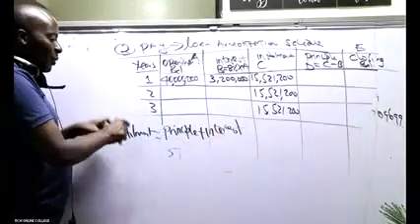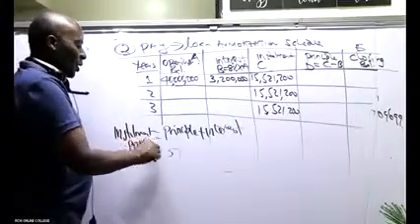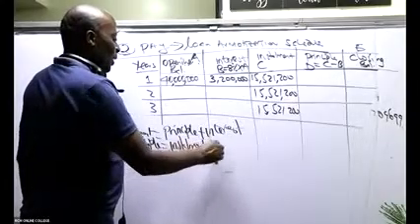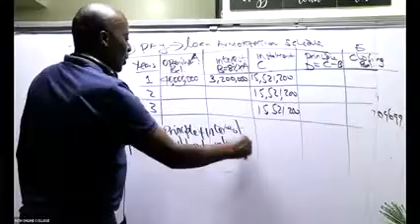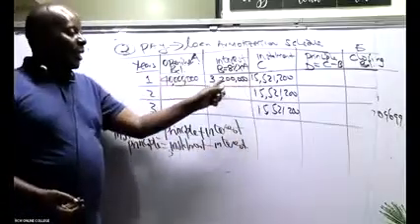Now that I have installment and I have the interest, to get principal is very easy. I will take the installment that I have paid minus the interest.